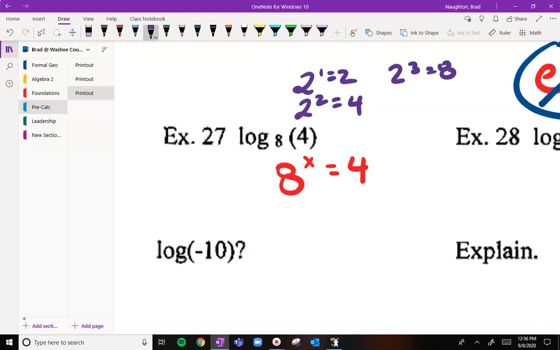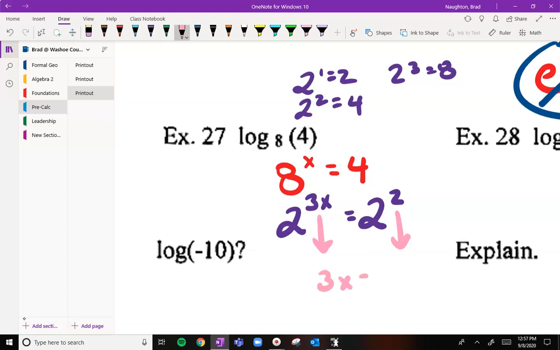So I can rewrite this as 2 to the 3x, and the 4 is 2 squared. So now that they do have that common base, I'm going to set those exponents equal to each other. So 3x equals 2. So x is going to be 2/3.